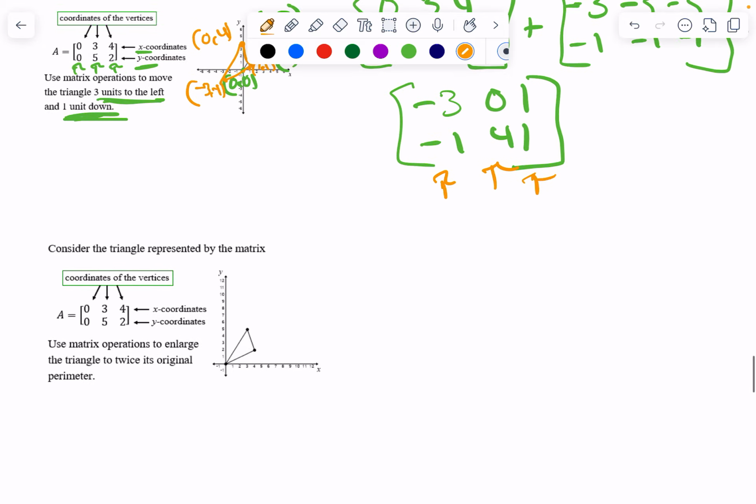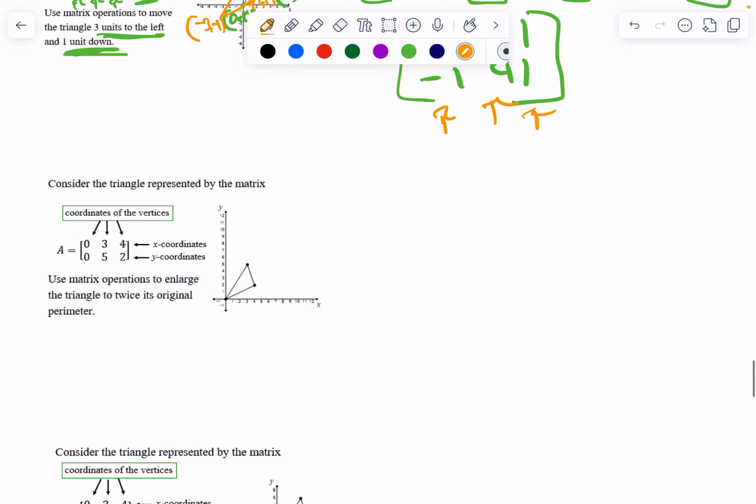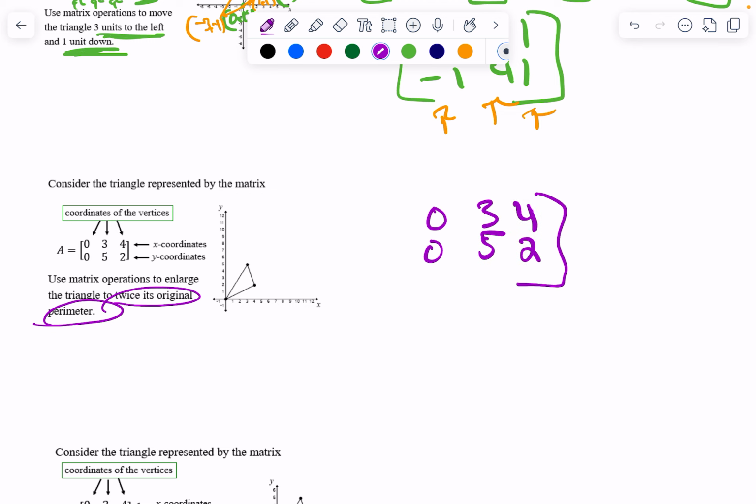Okay, now we have the exact same matrix again. This time we are enlarging the triangle to twice its original perimeter. So 0, 0, 3, 5, 4, 2. We are enlarging it twice. So we are multiplying it by 2.